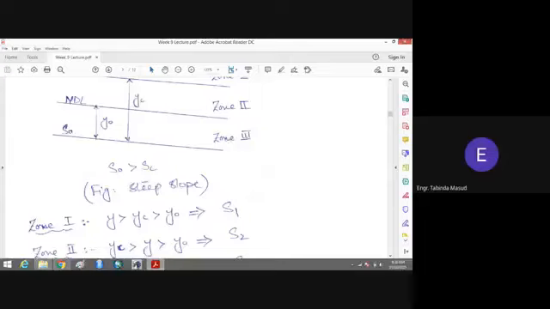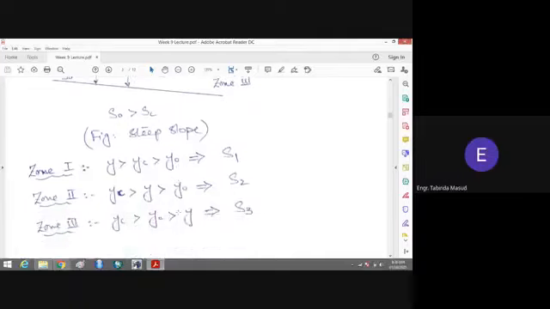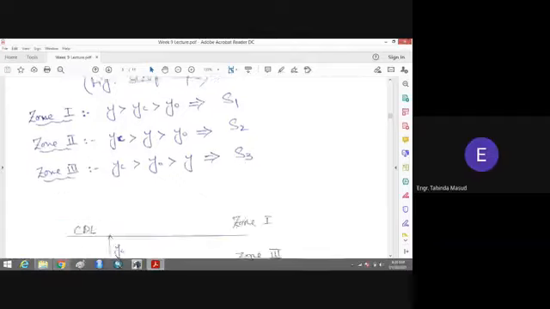Similarly, if the flow is here in zone number 3, we will say that yc is greater than y naught, which is greater than y, and the flow profile will be denoted by S3. So in this way, you can define all kinds of the slopes, and you can define all kinds of the flow in different kinds of the zones.